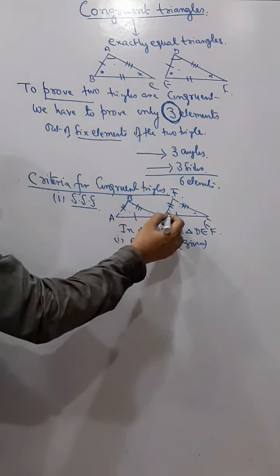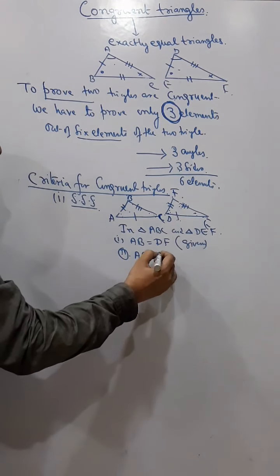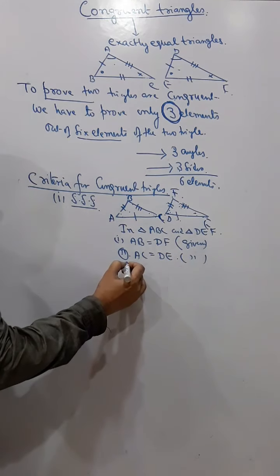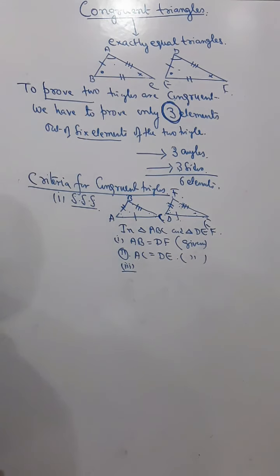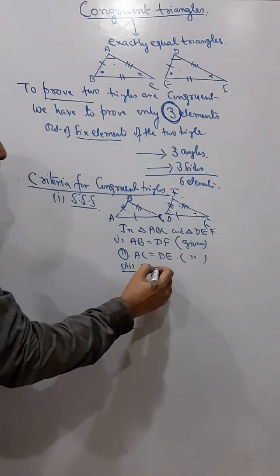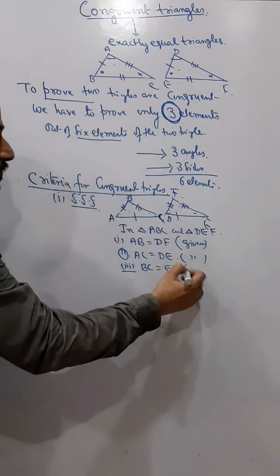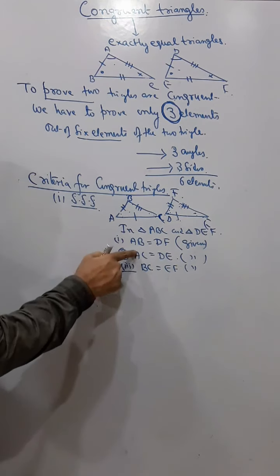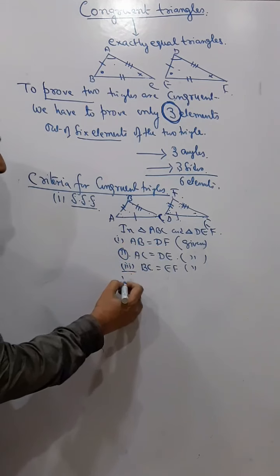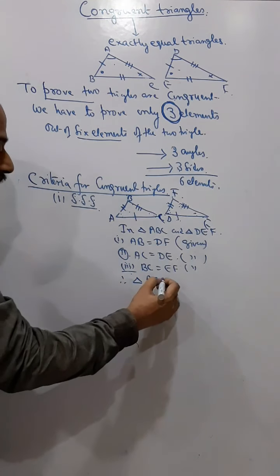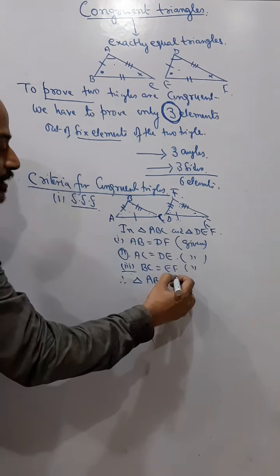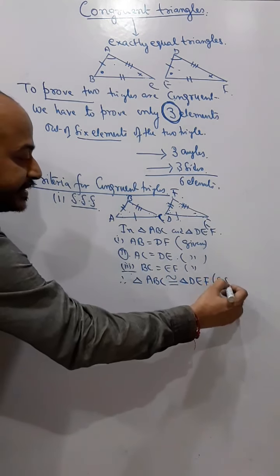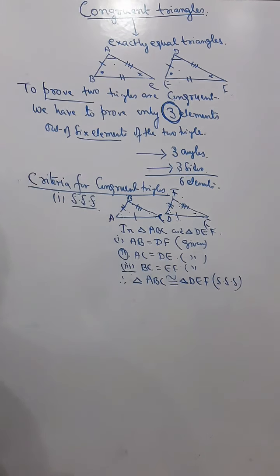Number two, AC equals DE, that is also given, and number three, BC equals EF. So that means we have proved these three elements equal, three sides, so SSS, and therefore we say triangle ABC is congruent to triangle DEF, and then we write the criteria in brackets: SSS.